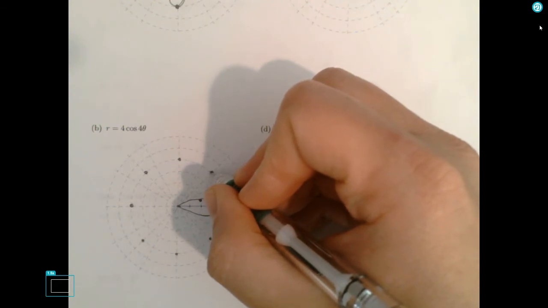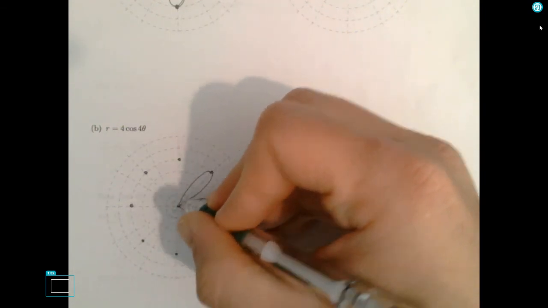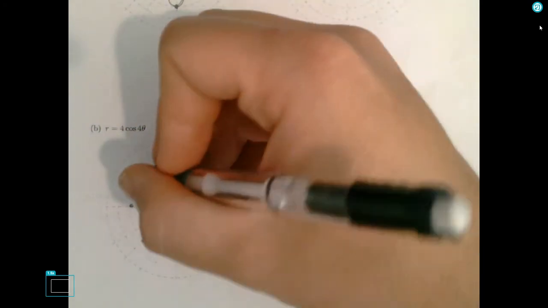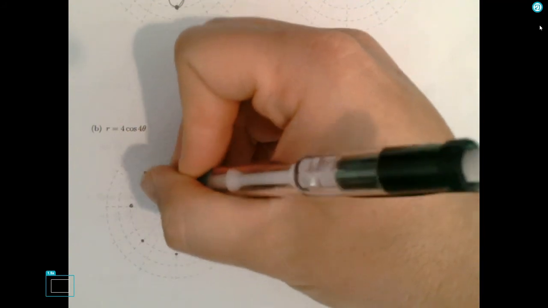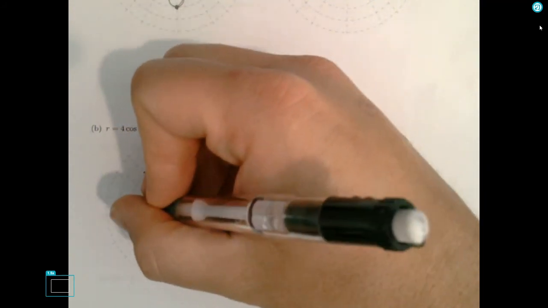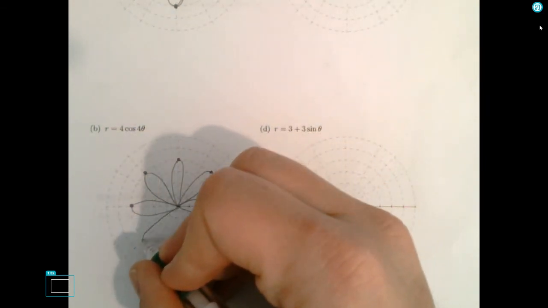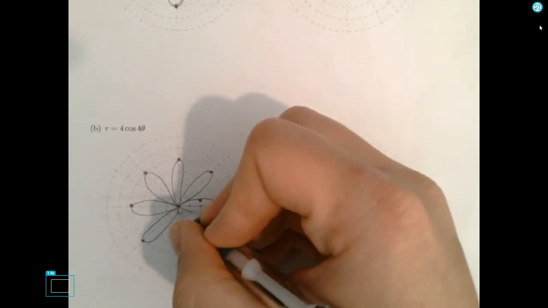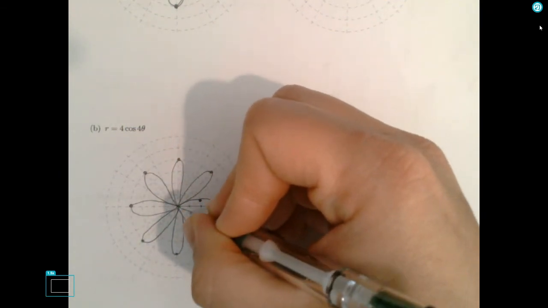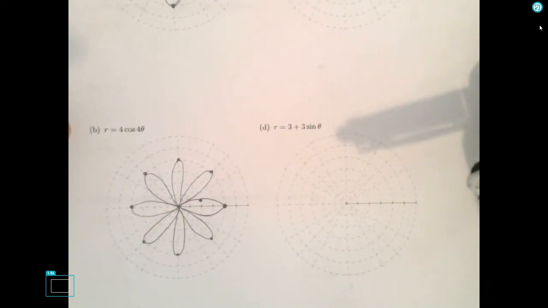I'm just trying to draw the picture. And I know that it's going to look something like this. Ooh, that was bad. Anyway, so something like that. You can probably do a lot better than that.